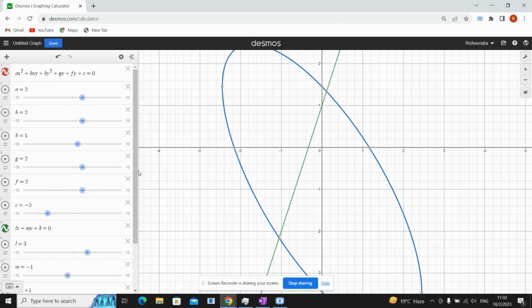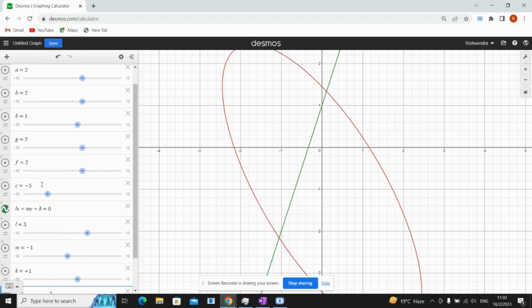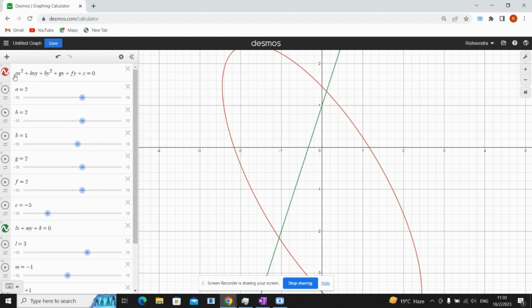To solve this question, we have to keep one thing in mind. ax square plus 2hxy plus by square, this is the equation, right? The curve equation must be combined with the line equation because we do not want to change the intersection points, which means the new pair of straight lines must pass through these two intersection points and the origin.